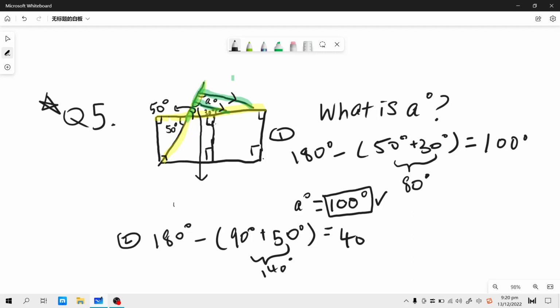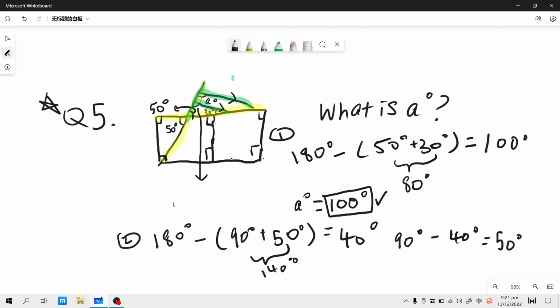So this part is 40 degrees. You know that this is 90 degrees, so you want to know what this is. This is 90 degrees minus 40 degrees, which equals 50 degrees.